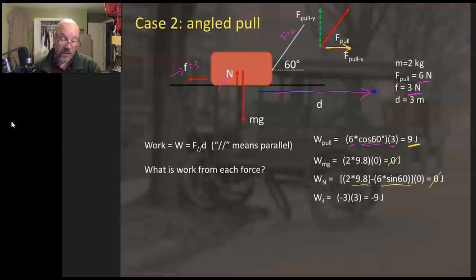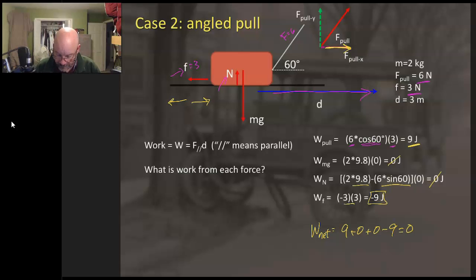Now, jumping to the friction, we still have the situation where our force is one way, our motion is the other, so we end up with a negative amount here. So what is our net work in this case? Well, it's 9 plus 0 plus 0 minus 9 is 0. So this thing is not going to be speeding up or slowing down, either one.